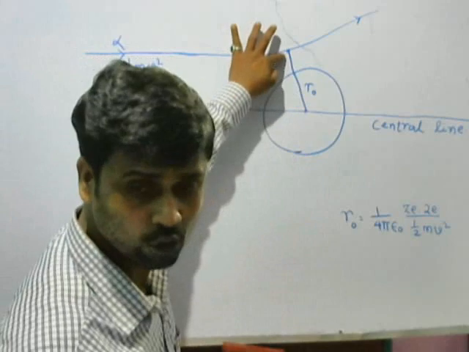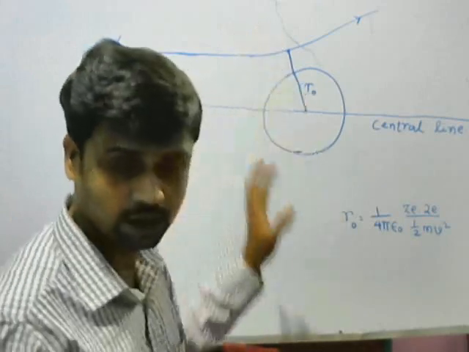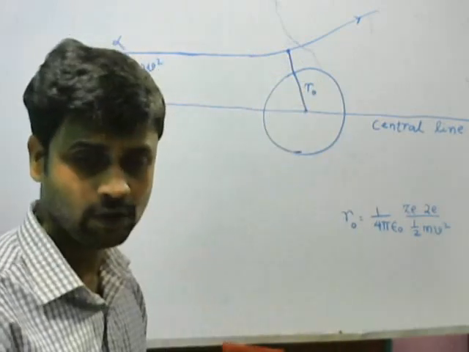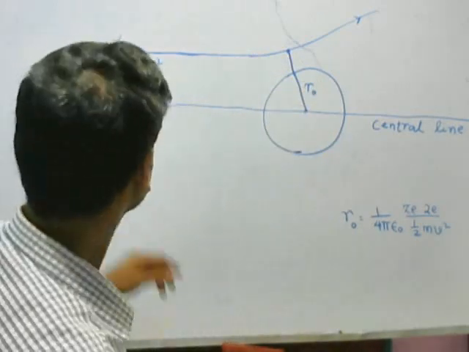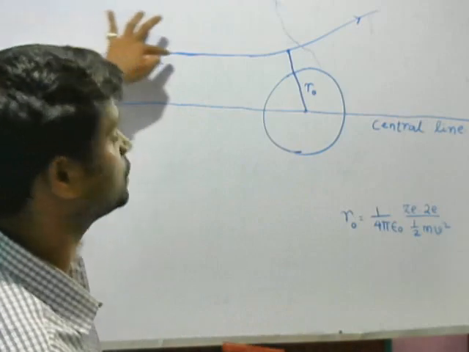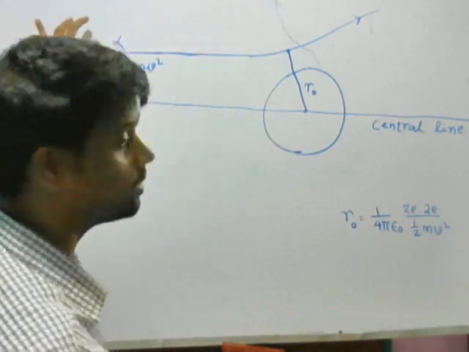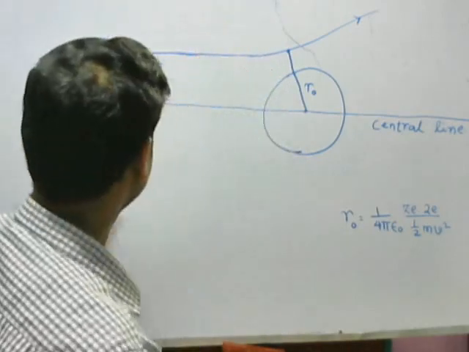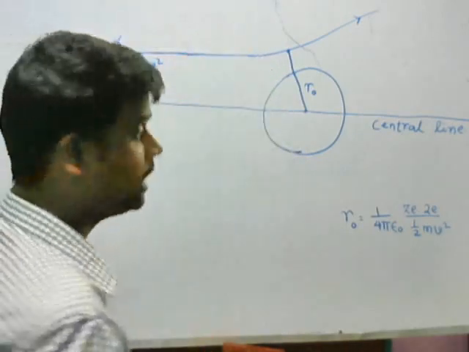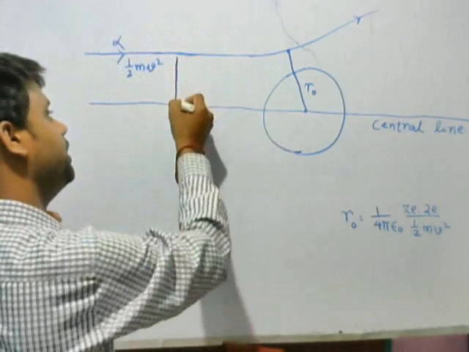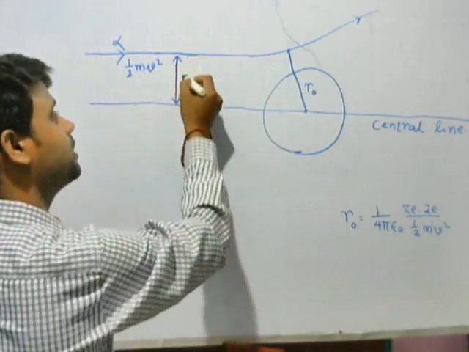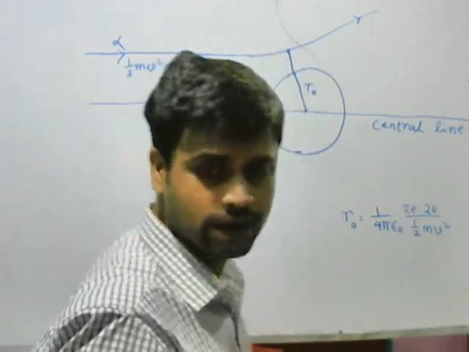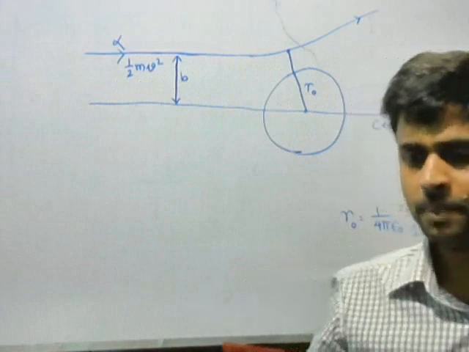So this distance can be written as the distance of closest approach. Since the alpha particle is projected in this direction, the velocity of the alpha particle is along this line. So the velocity vector lies in this direction, and the perpendicular distance between the velocity vector of the alpha particle and the central line of the nucleus is termed the impact parameter.